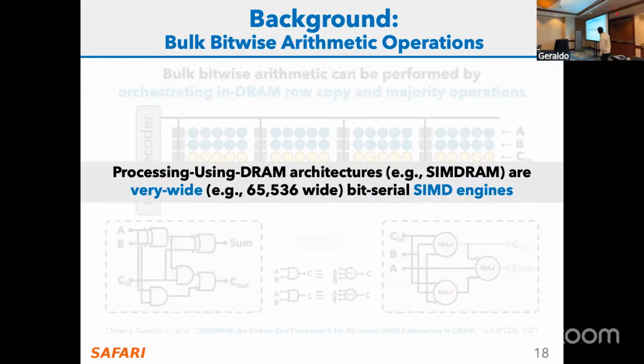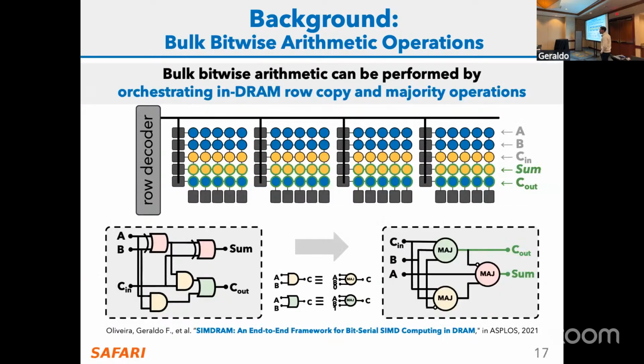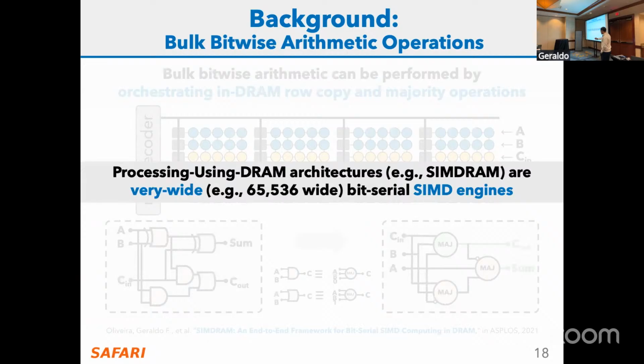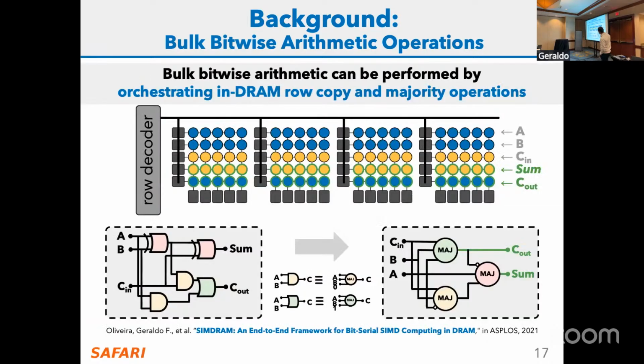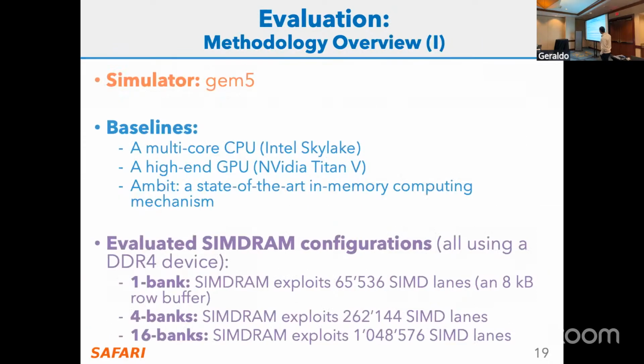Okay, so basically, if you operate DRAM like this, we're going to use the DRAM chip as a very wide SIMD engine, where you're going to have as many SIMD lanes as DRAM columns inside the DRAM subarray. So we implemented SIMDRAM in the gem5 simulator.